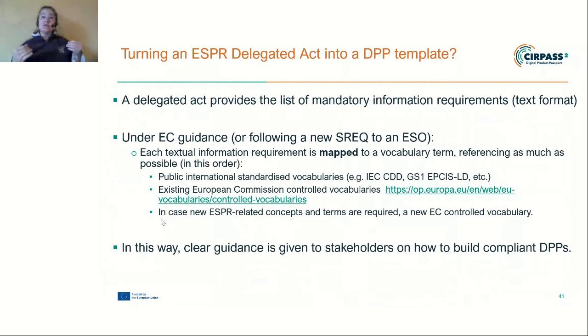So I want to leave you with these questions on how in the future the upcoming ESPR delegated acts for sector specific digital product passports will be transformed into a DPP template. As everyone knows, these delegated acts of the ESPR will provide the list of mandatory information requirements for sector specific digital product passports. These information requirements will be written in human readable text.